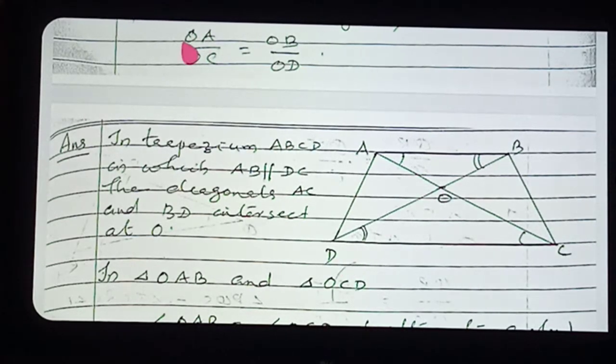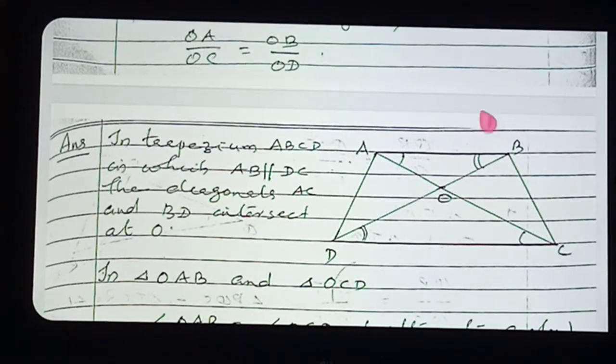After seeing the question itself, you can analyze. So these two triangles we want to make similar. If these two triangles are similar, in this triangle OA, OB come, in this triangle OD, OC also come. Okay. So first you try to prove that these two triangles are similar.